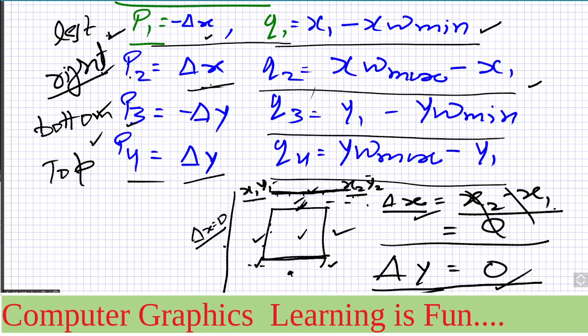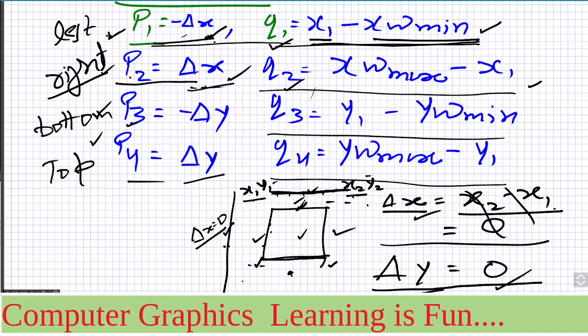If at all it is found that it is parallel, delta x was equal to 0 for this particular line, so it may be this one, P1 or P2, any one of them. Now you have to think about q values. This q value is x1 minus the minimum value.